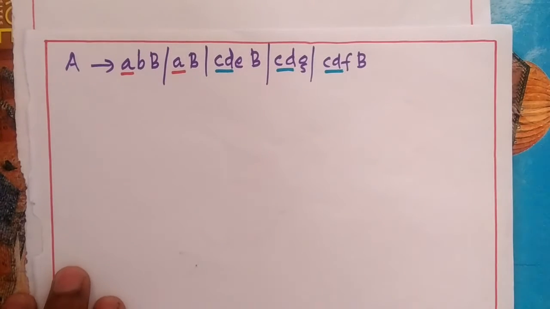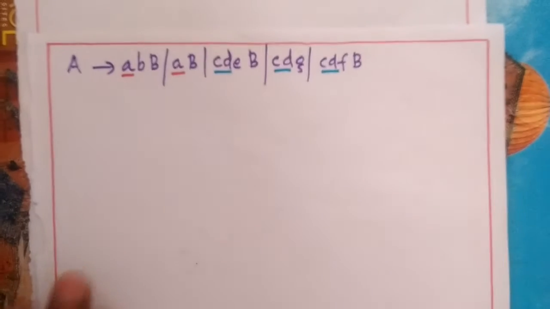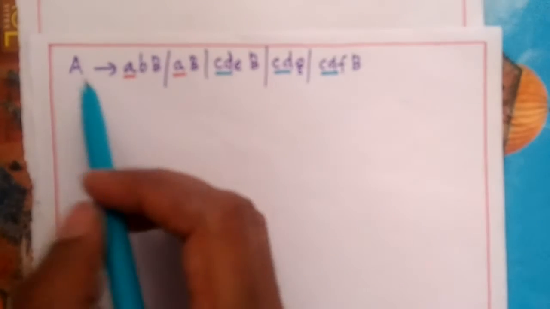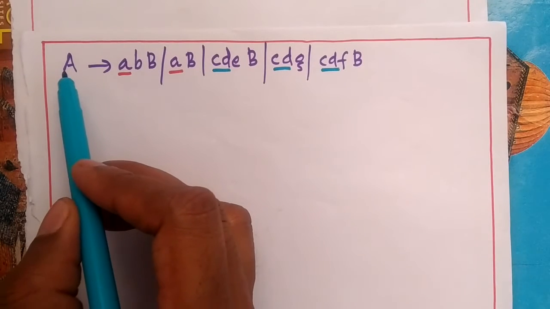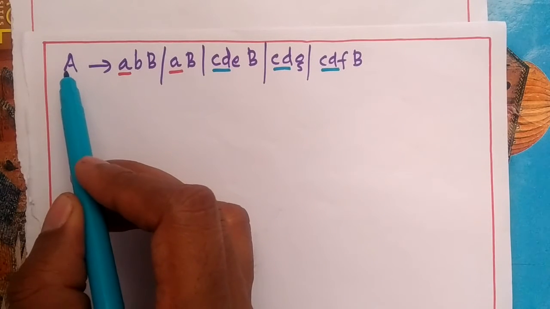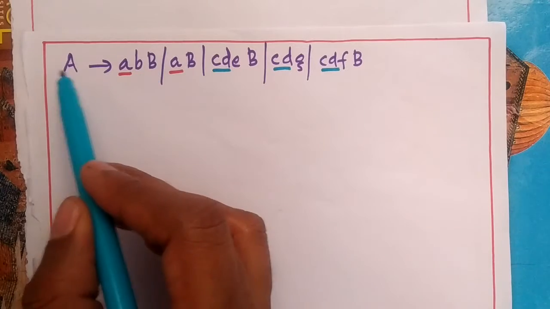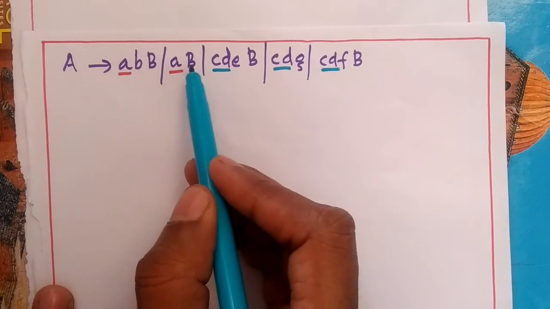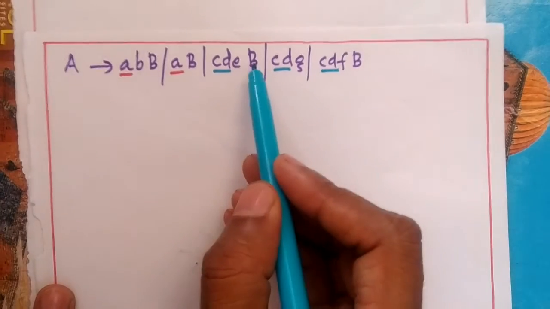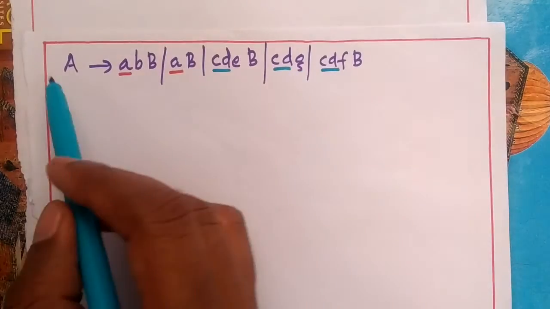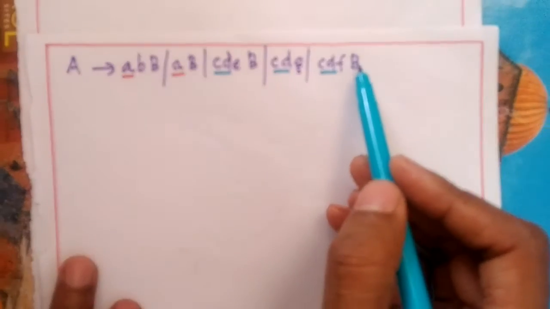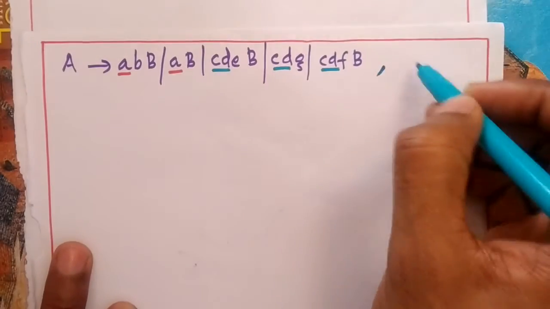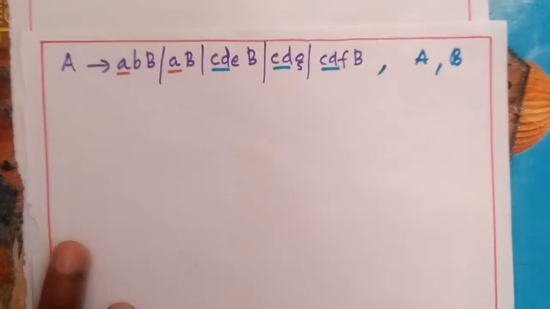And let us see one example of how we can do left factoring, where this is a grammar with a few productions, all A productions: A gives a B, A gives a capital B, A gives c d e capital B, A gives c d g, and A gives c d f and capital B, where capital A and capital B are two non-terminals.